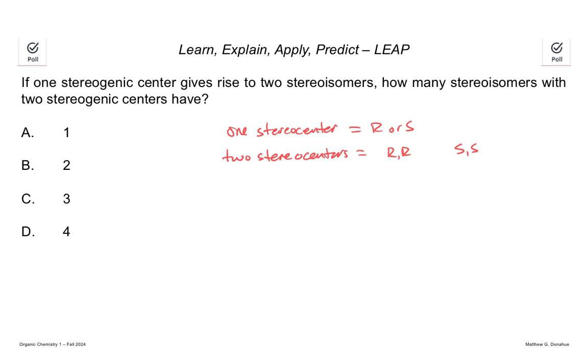What you have to visualize in your mind is, these letters are corresponding to something on a molecule. So even though it's just a simple letter, it's representing something in an actual molecule. The other combinations you can have are RS, and then its enantiomer SR. So that's going to give you a total of 4 stereoisomers.